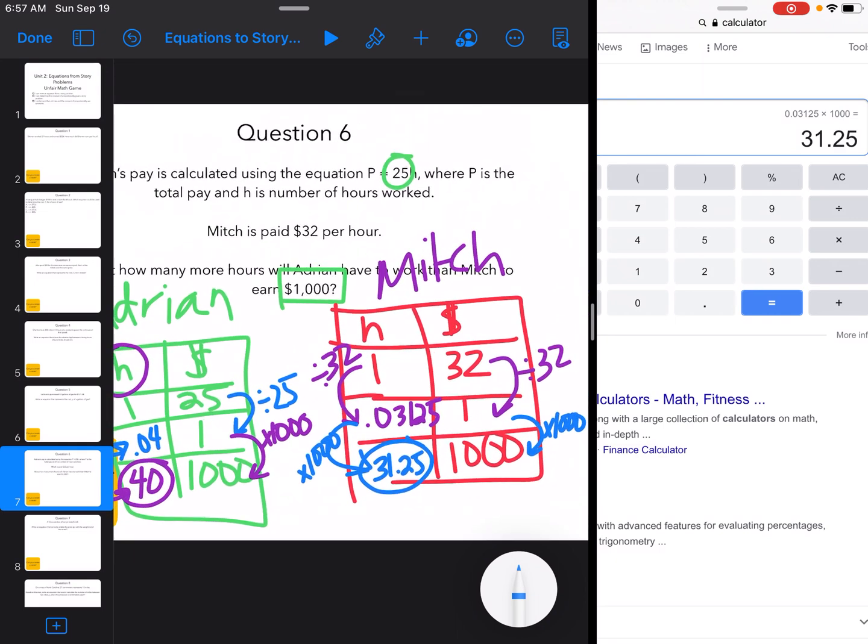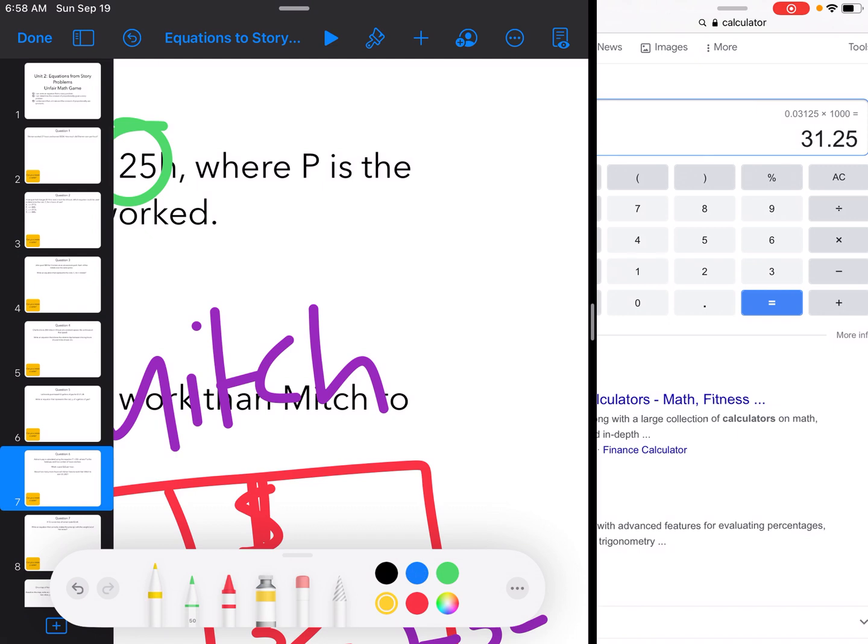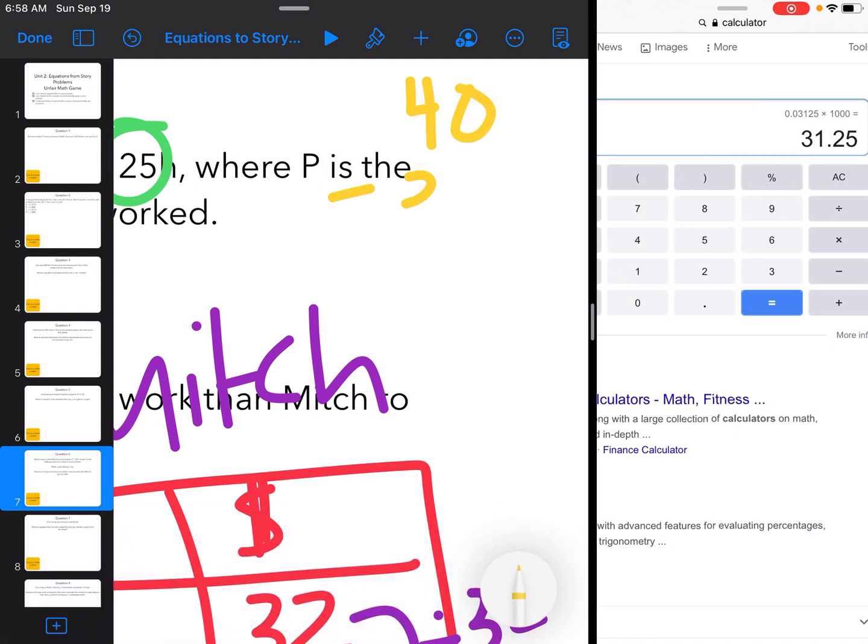But they want to know how many more hours will Adrian have to work. Well, how many more, I remember from elementary school, tells me I have to subtract. So I have to take the 40 and the 31.25 to figure out how many more hours. So I'm going to subtract 40 minus 31.25.